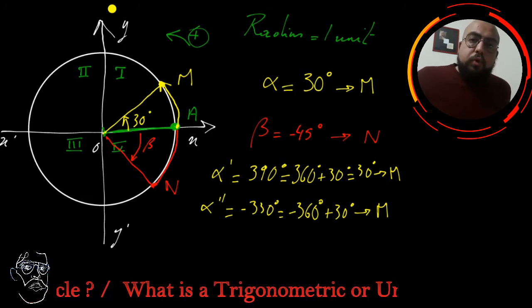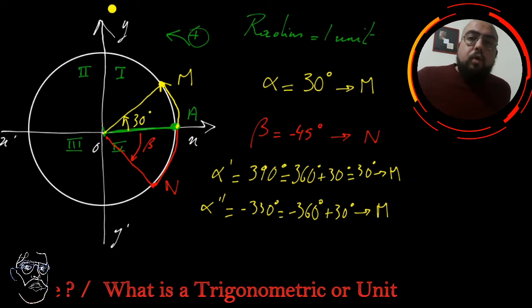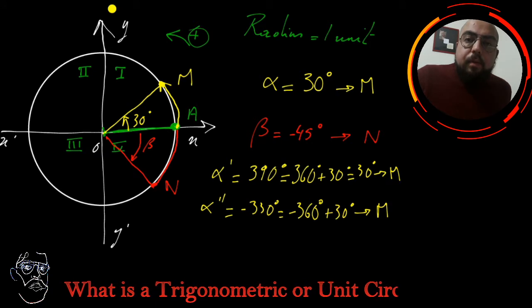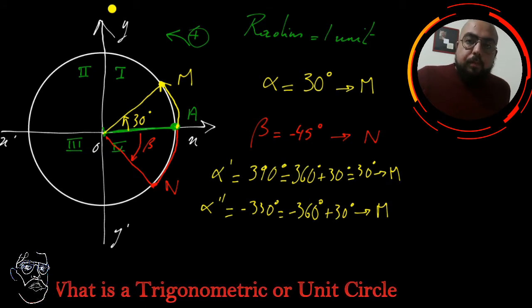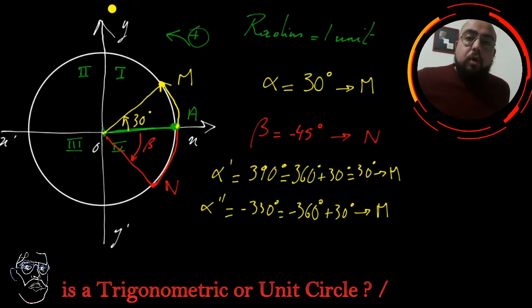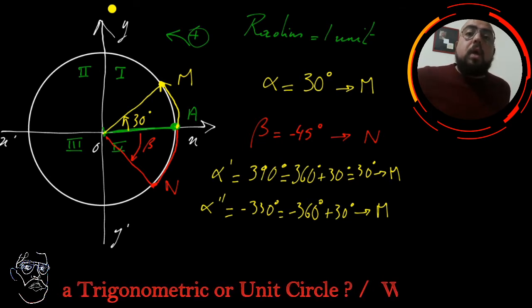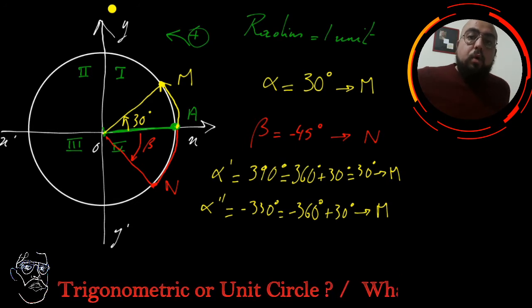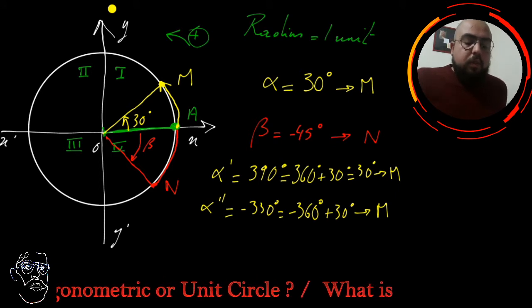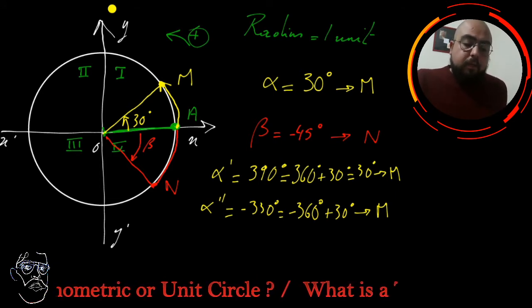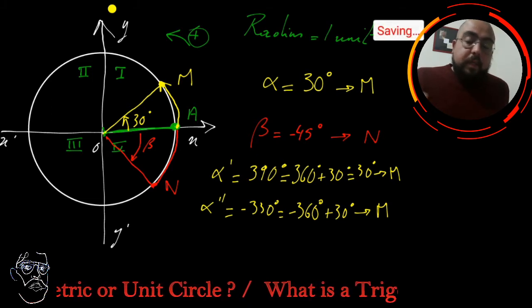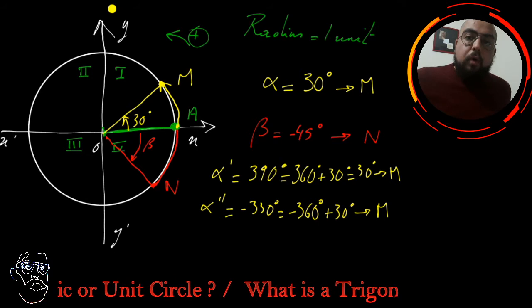I'm going to talk about how we are supposed to find the principal value of this angle in another video, along with radian, degree, and the principal value of each arc whenever the angle is greater than 180 or smaller than minus 180. All right, so that's the first part about the unit circle.